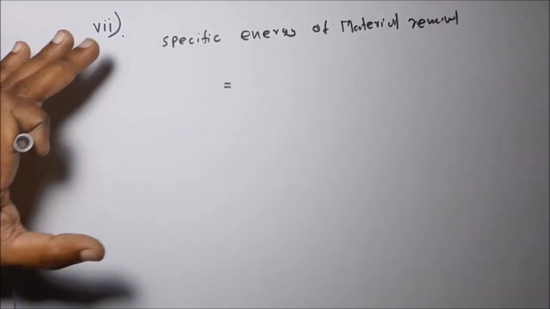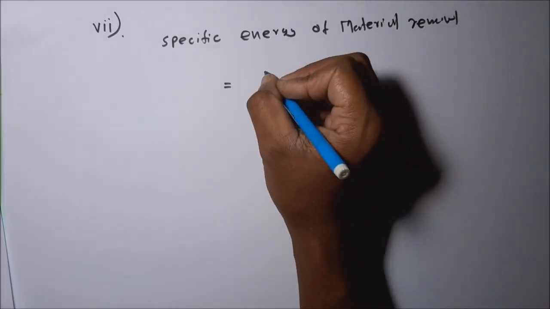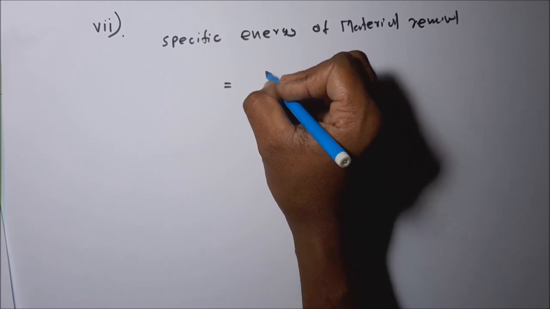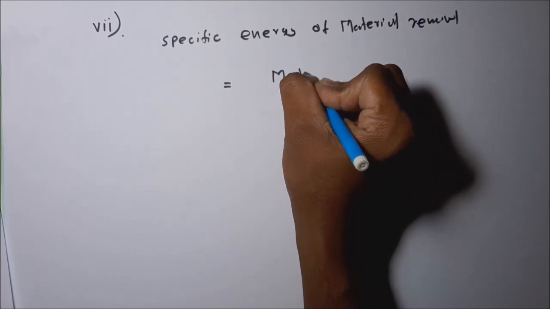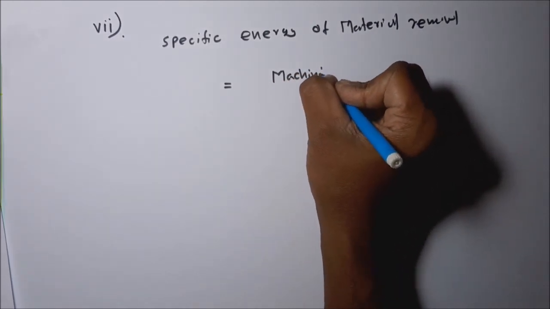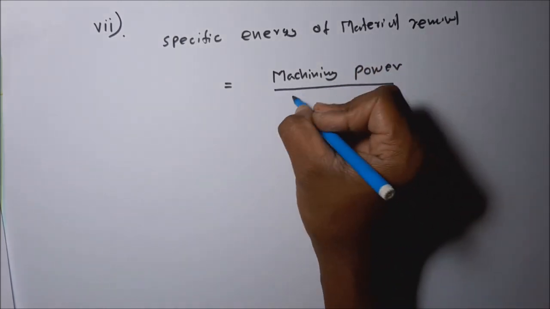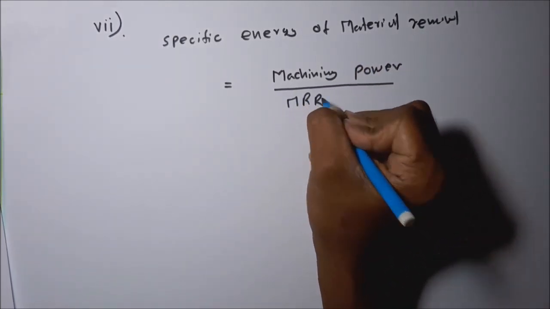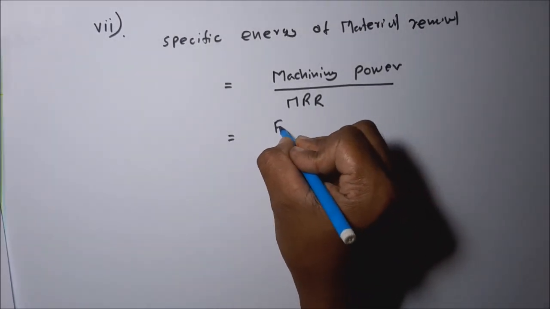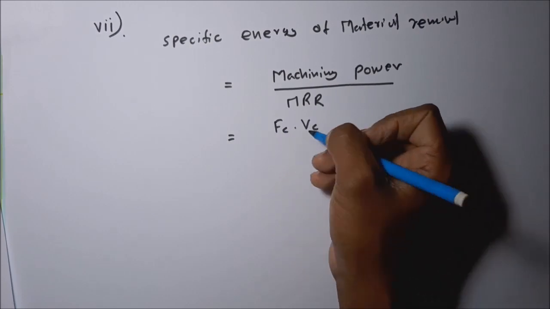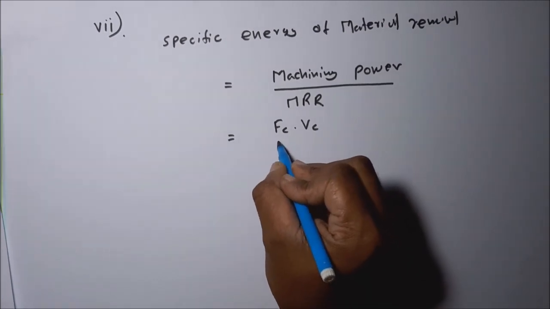We have derived an equation for this one. The specific energy of material removal is the machining power divided by the material removal rate. What is meant by the machining power? Fc into Vc. Fc into Vc is called machining power.